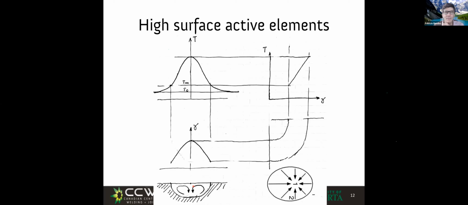So much so that sometimes some customers specify a minimum value of sulfur in their steels. Isn't that funny? Because you want the sulfur out typically, right? That can give you so many problems. But zero sulfur can be a problem too, right? So when you're welding things, you need to worry about some other things.